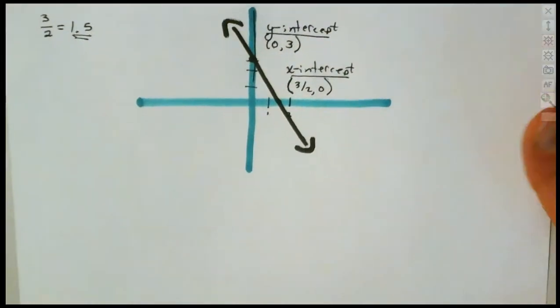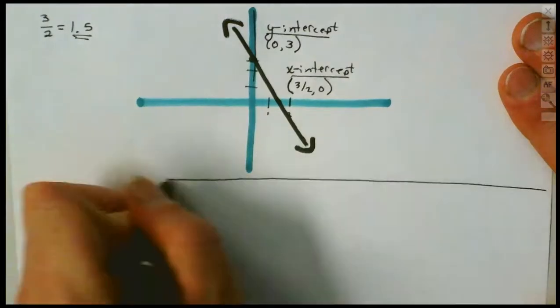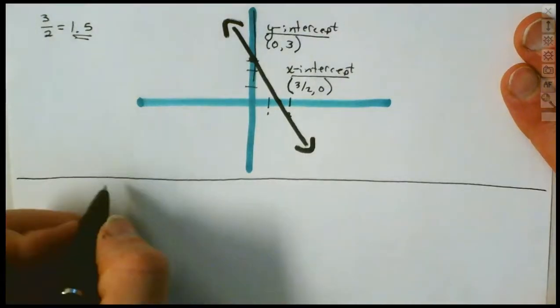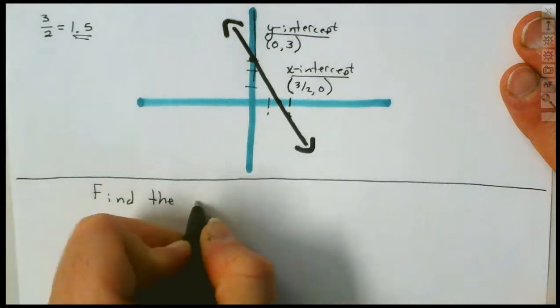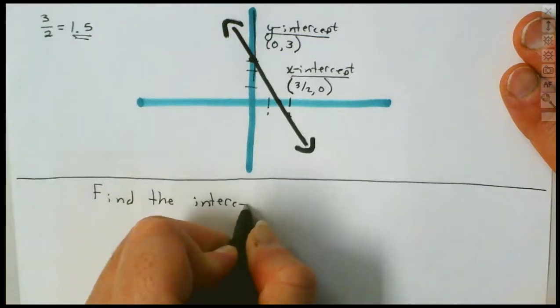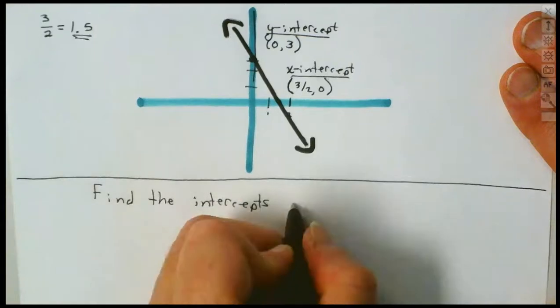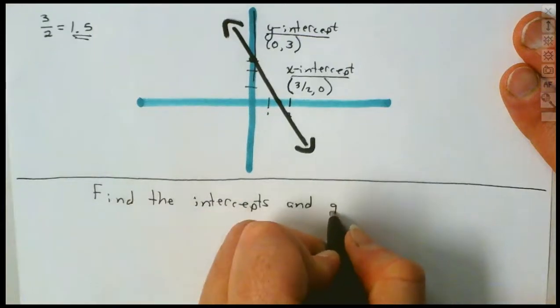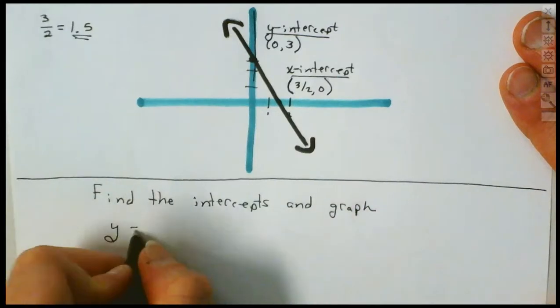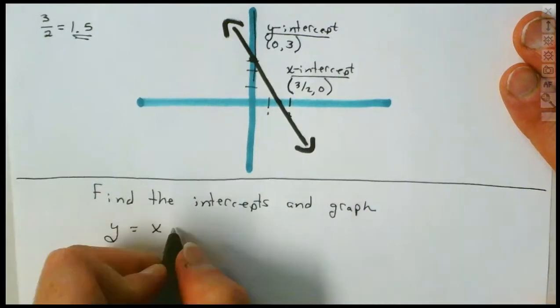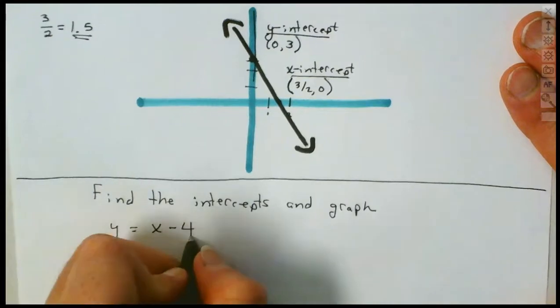Do a couple more of these. So next we're going to find the intercepts and graph of this one. How about y equals x minus 4?